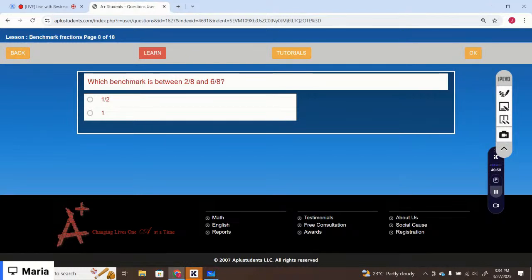Which benchmark is between 2 by 8 and 6 by 8?